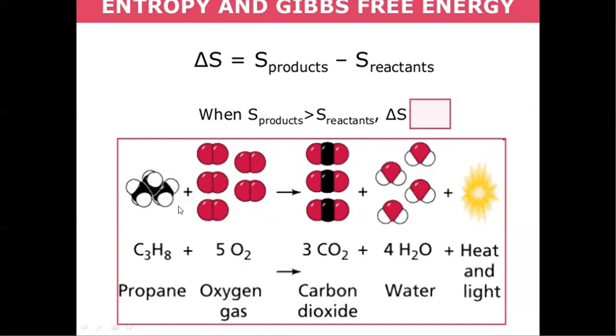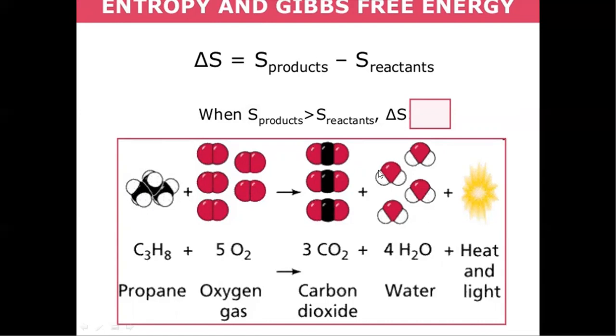These are the reactants of the reaction, and these are the products. So 6 molecules of reactants react and form 7 molecules, along with heat, as products.